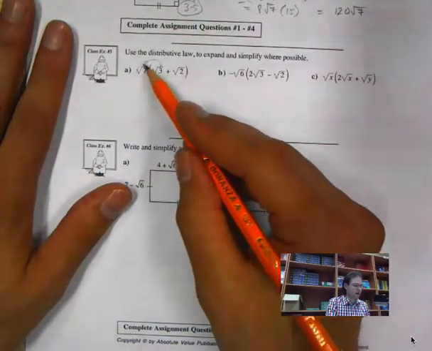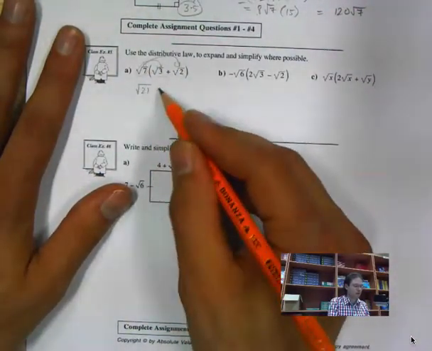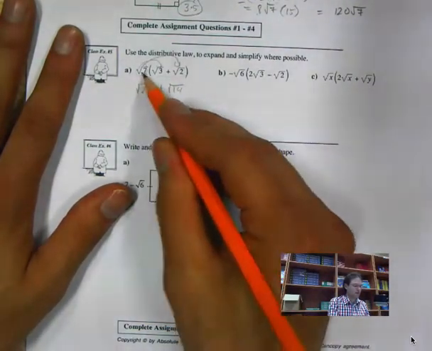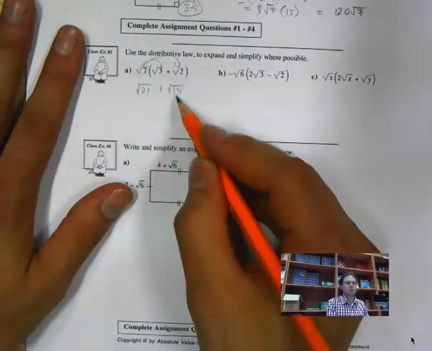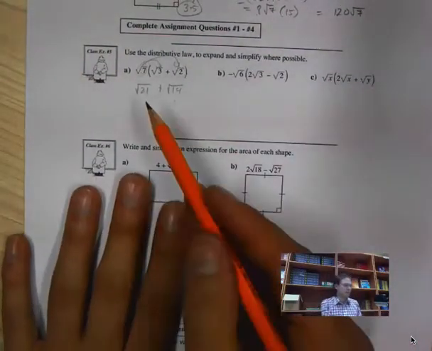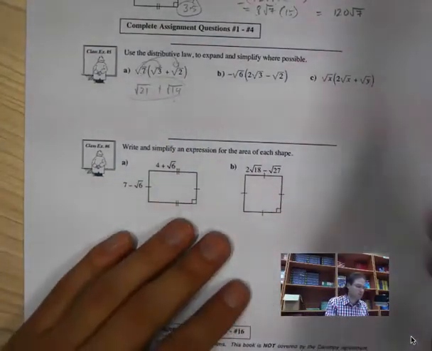So 7 into that, and the 7 into that. So I'm going to end up getting root 21 plus root 14. 7 times 3 is 21, 7 times 2 is 14. And that is it. I cannot add these. These are not common radicals, so we can't add them.